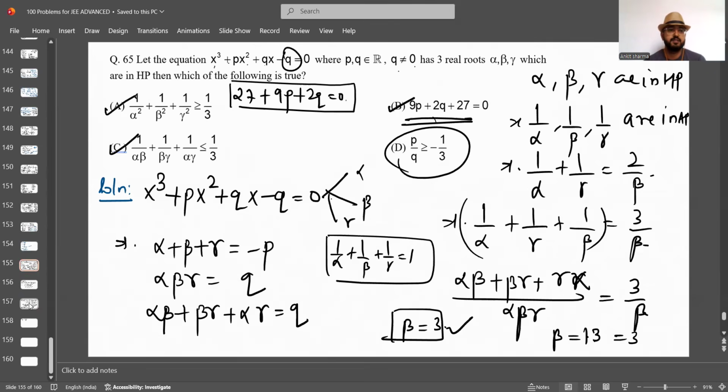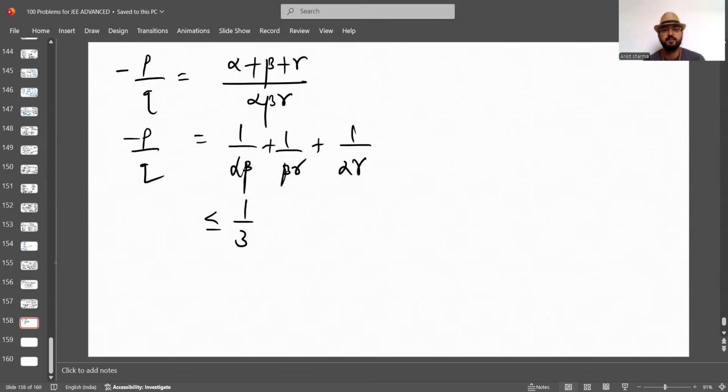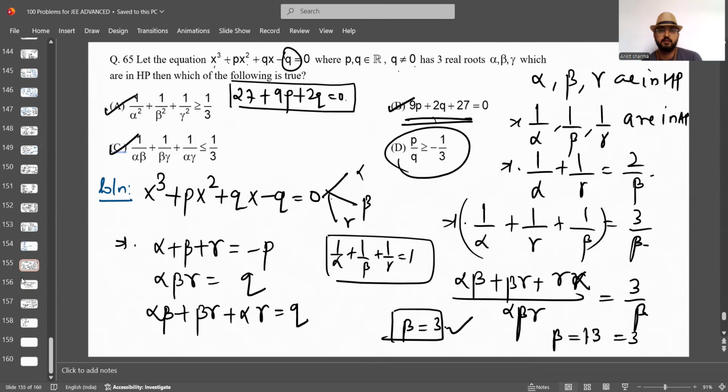If I simplify this, it gives me 1 over alpha beta plus 1 over beta gamma plus 1 over gamma alpha. This is minus P by Q, and we have just proved that this is less than or equal to 1 over 3. So when minus P by Q is less than or equal to 1 over 3, P over Q is going to be greater than or equal to minus 1. So this is also correct. That means all 4 options are correct in this problem.